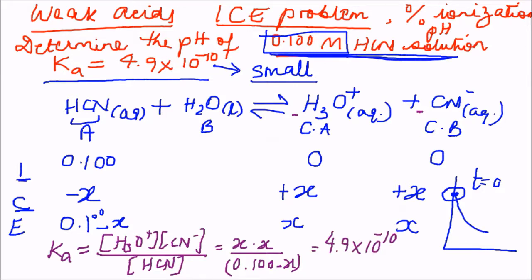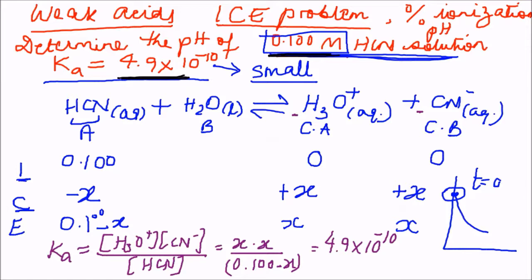Now one might ask, can we actually use the approximation, or should we use the solution to the quadratic? And the answer to that lies in the fact that you have to determine for this particular problem the initial concentration that is given to you, which is 0.100, divided by the Ka value. What does that reveal?